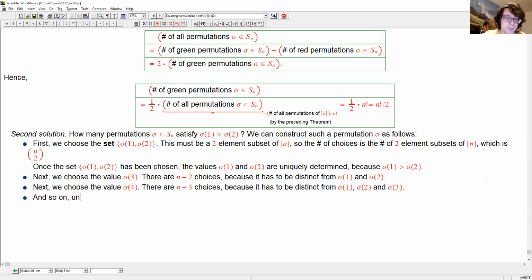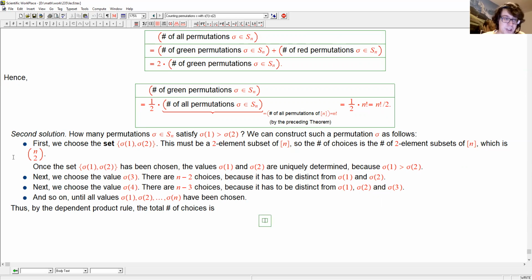And so on until all values have been chosen. Thus, by the dependent product rule, again, the total number of choices is n choose 2 times n-2 times n-3 and so on, times the last one, which is n-n+1, which of course is 1.